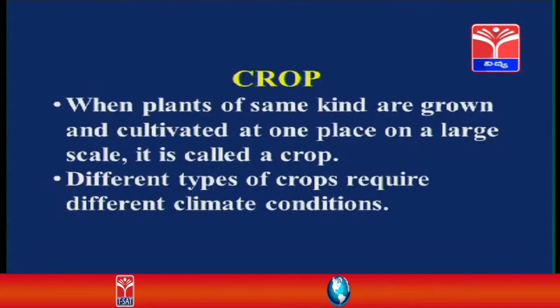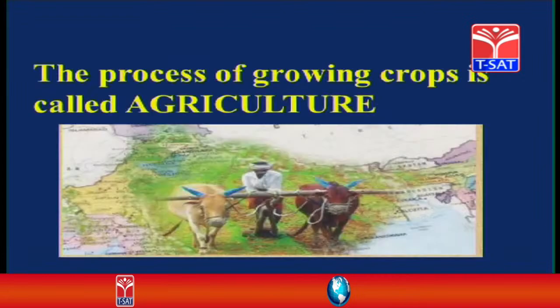Farmers do the same. They will be growing different types of crops. Different types of crops require different climatic conditions, isn't it, children? And this process of growing crops is called agriculture. Is it clear, children? What do you mean by crop? Crop is nothing but the same type of plants.